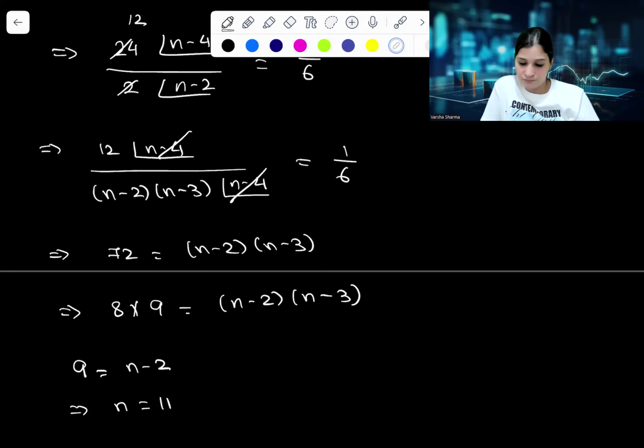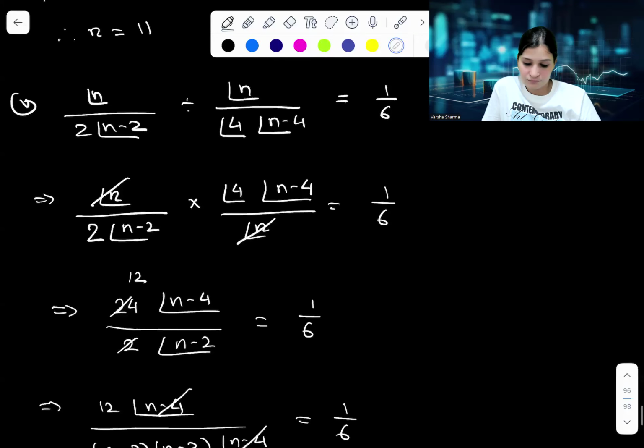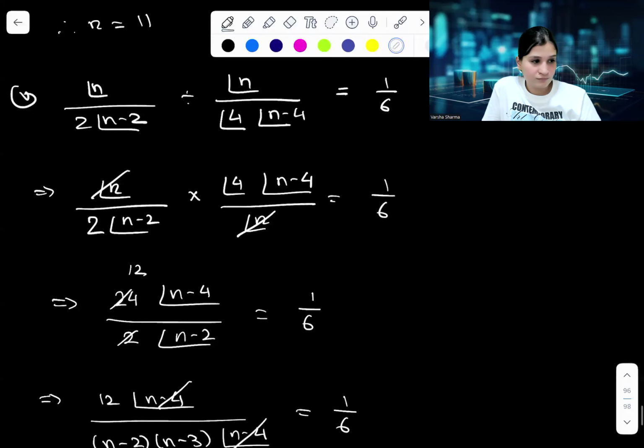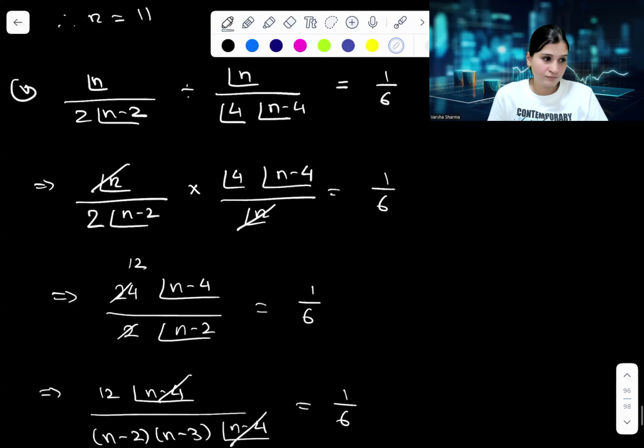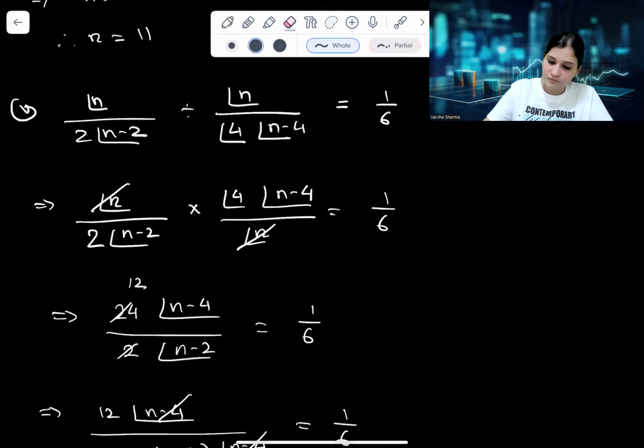One second. My fault, I wrote the question wrong. Instead of 4, I wrote factorial 4.